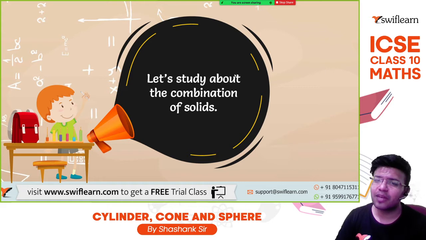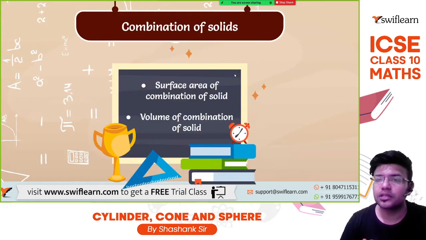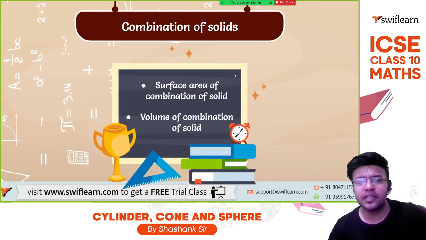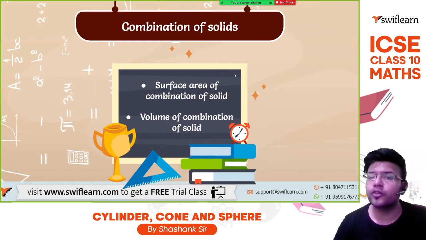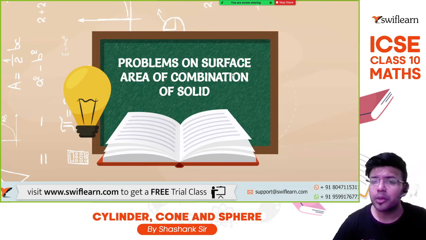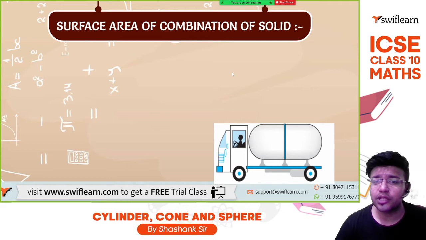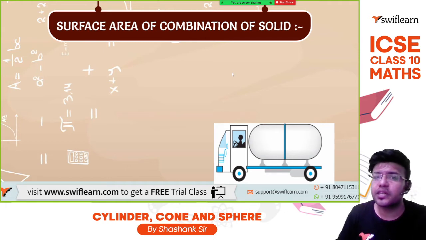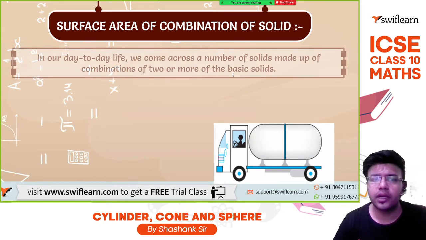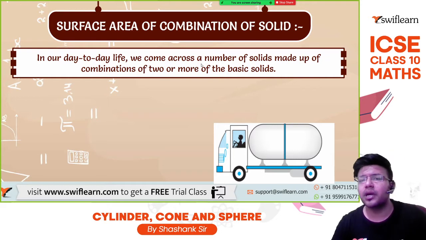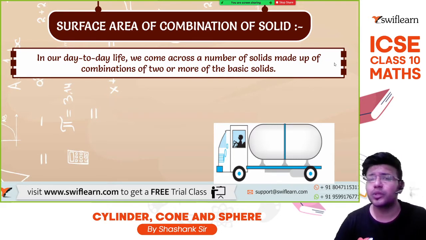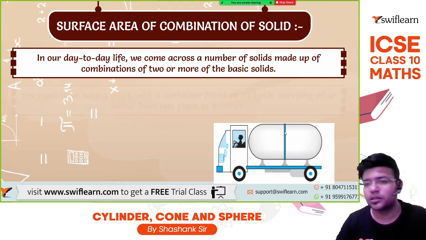So let's study about the combinations of solids: surface area of the combination, volume of the combination. Problems on surface area of combinations of solids. In our day-to-day life, we come across a number of solids which are made up of combinations of two or more of the basic solids.